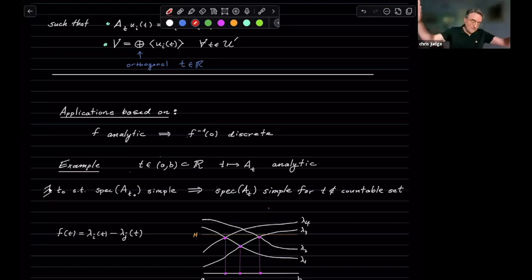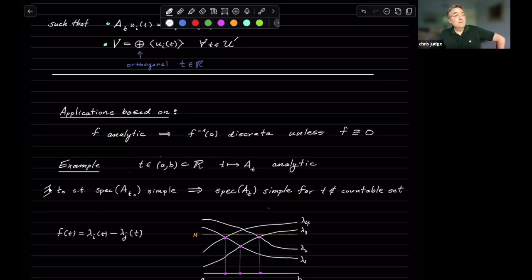But analyticity gives you global implications because of this wonderful fact: if you have an analytic or holomorphic function and you take the inverse image of 0, its zeros form a discrete set, unless f is identically 0.